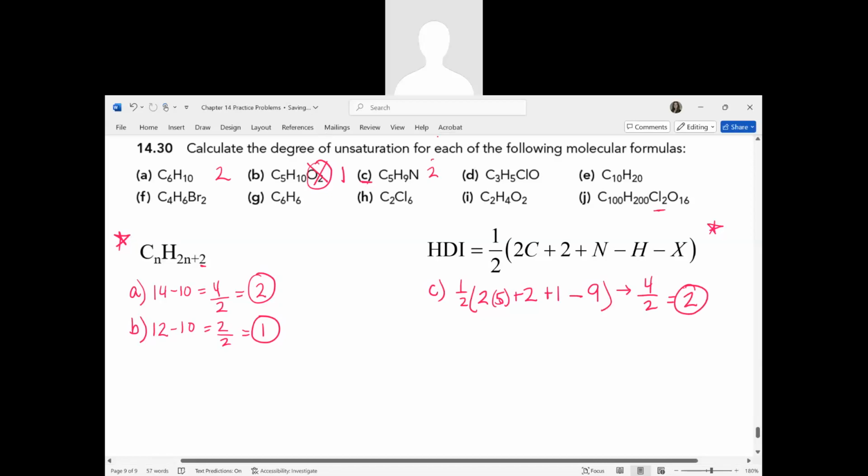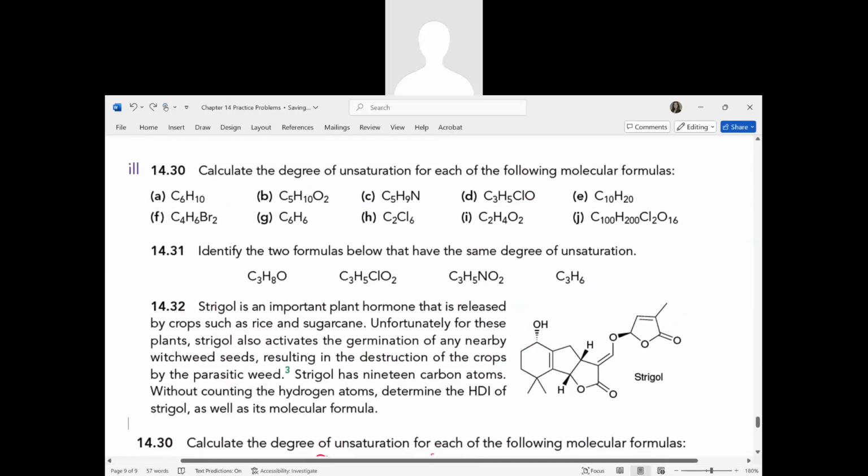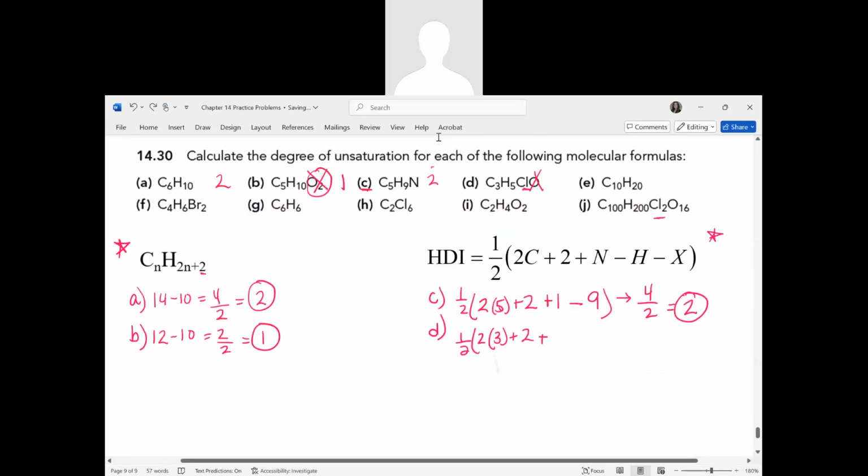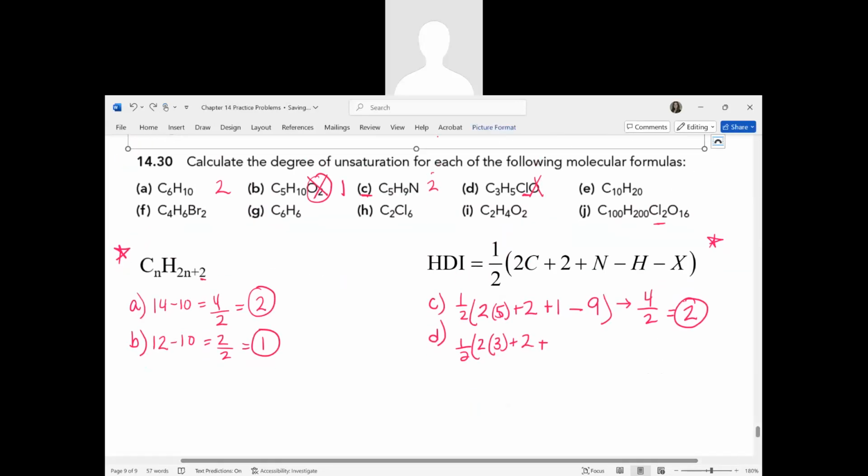Let's take a look at D. Again, we have an oxygen, which we can ignore, but we have a halogen, so we use our formula on the right. We have 1/2, and then we plug in 3 carbons, plus 2, and now that we have a halogen, we're going to subtract, so minus 1.